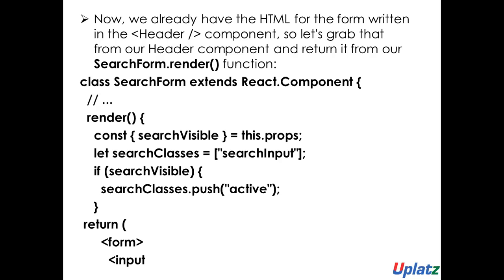Inside the render, I'm making searchVisible as this.props, which means it will derive from the searchVisible that we have already created. And then the search class is search input. If searchVisible is true, it will push active, otherwise it will not push.